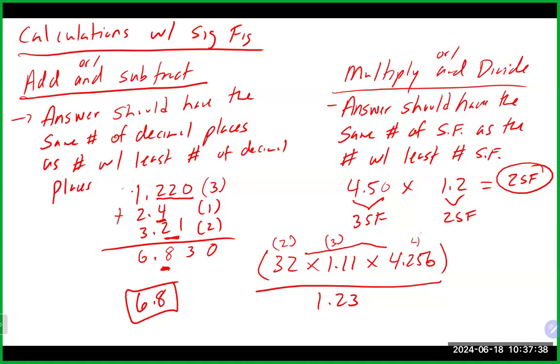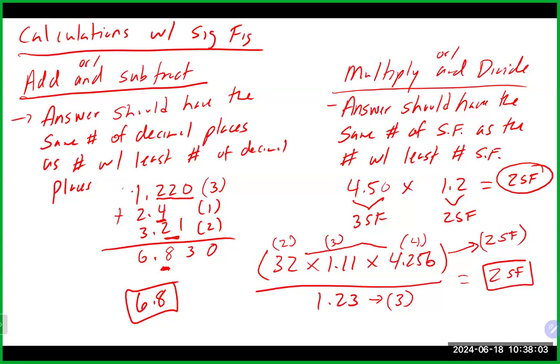That has 4 significant figures, which means technically when we get an answer up on top, it should have 2 significant figures. On the bottom, it has 3 significant figures. So the next thing we're going to do is take 2 significant figures divided by 3 significant figures, which means we should end up with our answer having only two significant figures in this case.